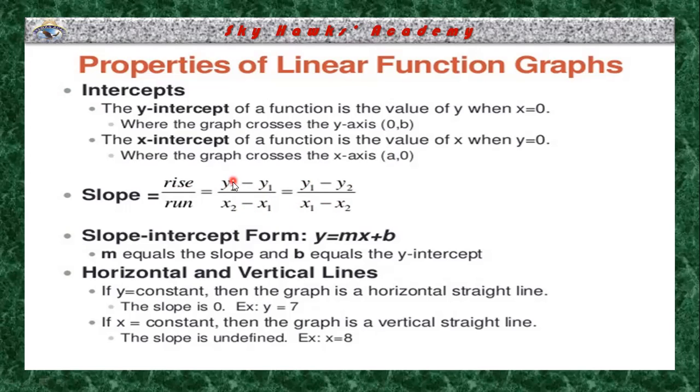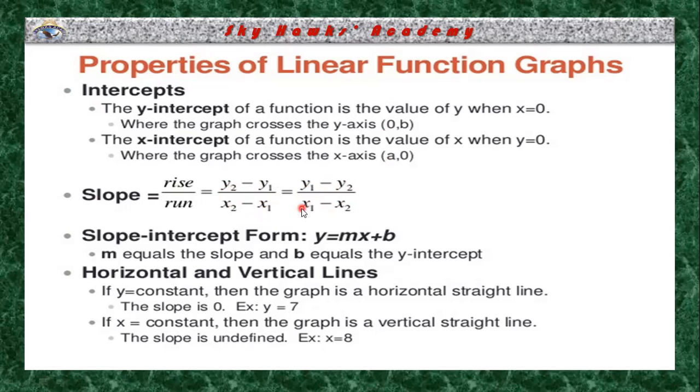Here you can see that if you are putting y2 first and subtracting y1 from y2, that should also be done in the denominator, because it is x2 minus x1, so x1 must be subtracted. If you are going the other way, the same rule applies: if you put the first point and then the second, that must be followed with the abscissa, the x coordinate, also.